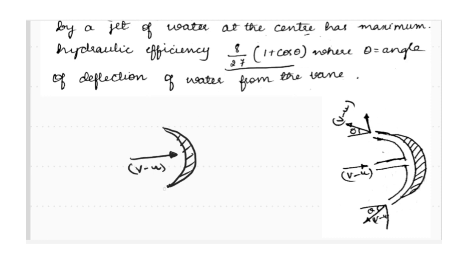So we have to draw when it leaves the vane like this, making an angle theta, this is v minus u, and similarly, it will leave with a velocity v minus u, making angle theta. So that is what I have attached in the figure over here.